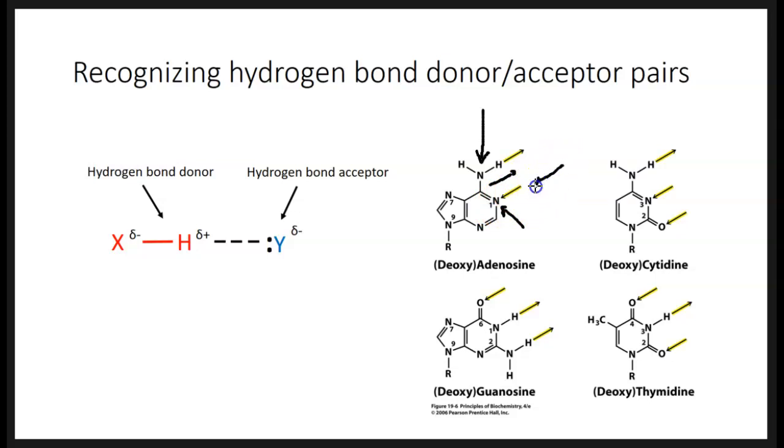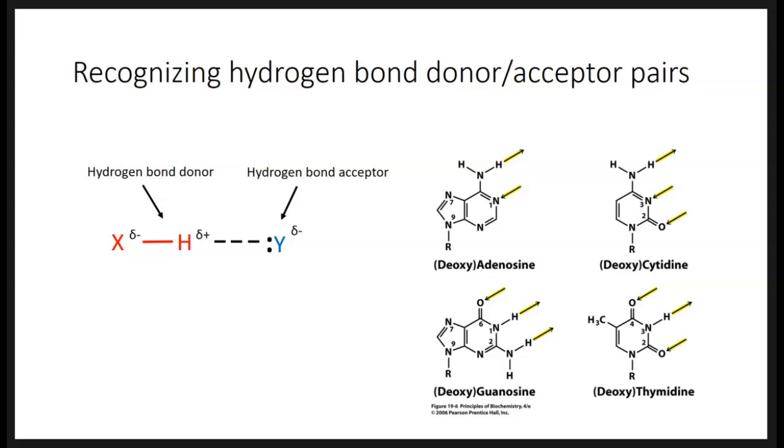And so that is a hydrogen bond acceptor. Again, on cytidine, we have a hydrogen bond donor, acceptor, and acceptor. Whereas on guanosine, we have a hydrogen bond donor, donor, and acceptor. Look carefully at the structures of each one of these individual nitrogen bases and make sure you understand what functional groups are donors and what functional groups are acceptors.